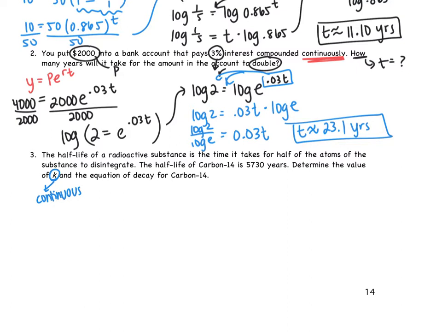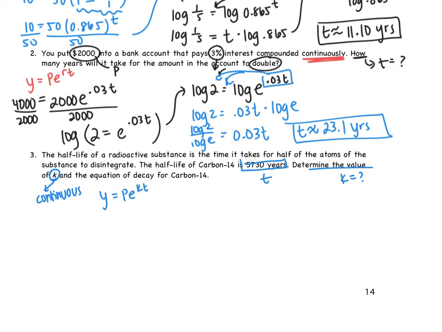And that should make sense. If we have a substance that's decaying, it's continuously decaying. So let's see what we know. We know the number of years. That's our T. It's telling us to find K. So we know we're using this equation, y equals PE to the KT or RT, either one.